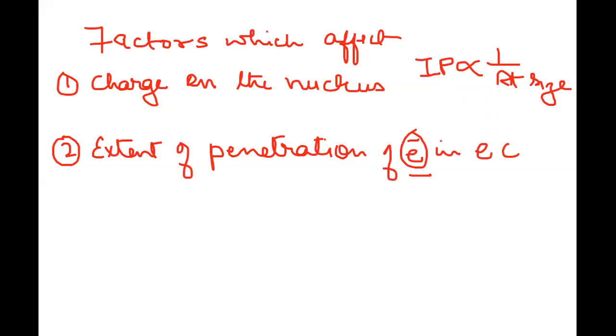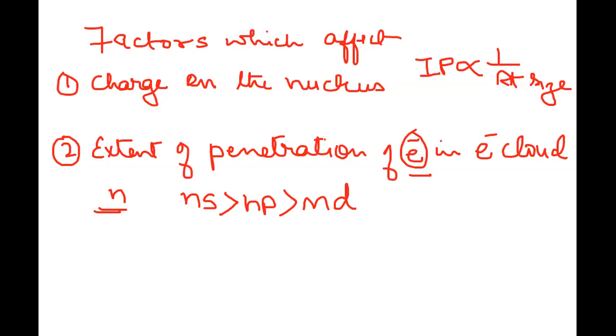Now, if the value of n remains the same, where n stands for the shell number, or the principal quantum number, then the ionization potential value of ns will be greater than that of np, which will be greater than that of the d subshell, which will be greater than that of the f subshell, for the same value of n.